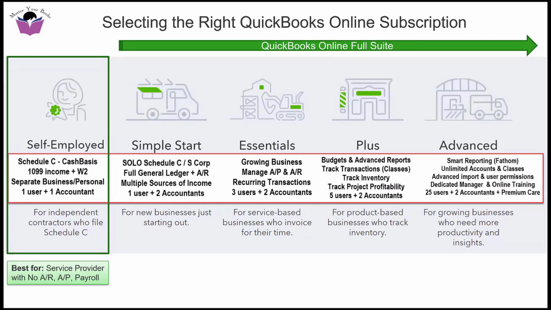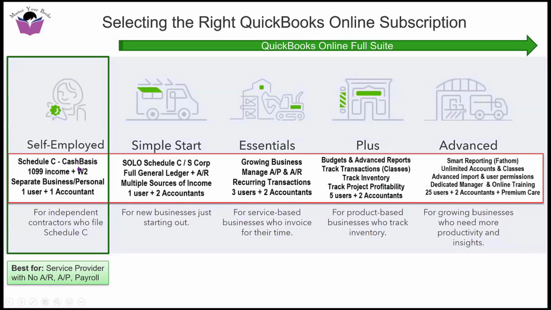It takes them off of that and puts them into a very strong and robust self-employed accountability tool. Essentially, that version is for the Schedule C service provider, solopreneur, sole proprietorship.